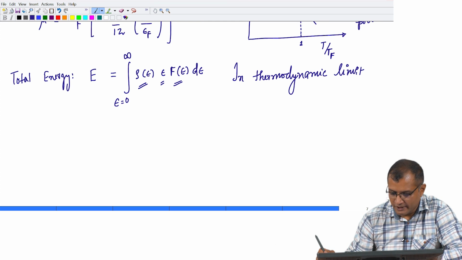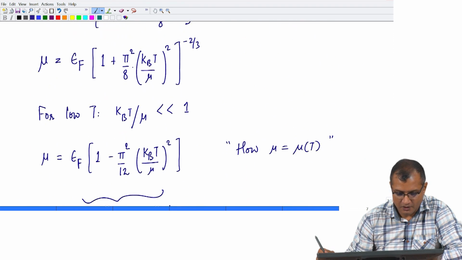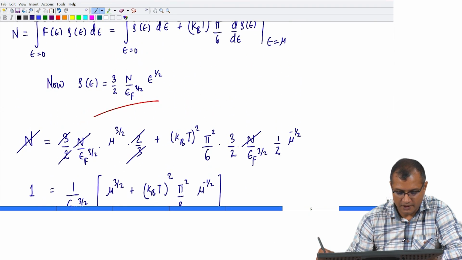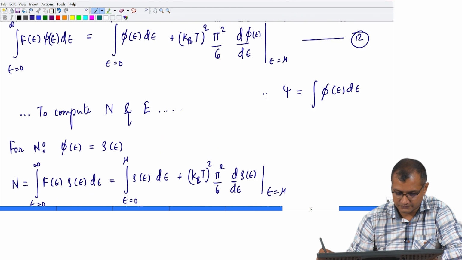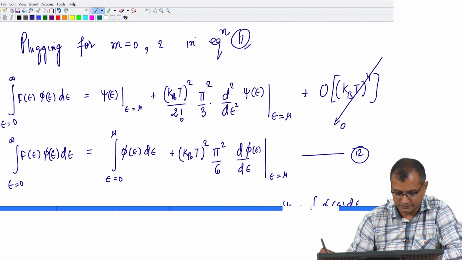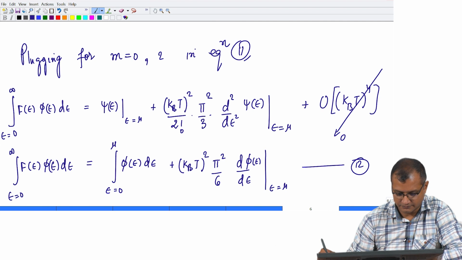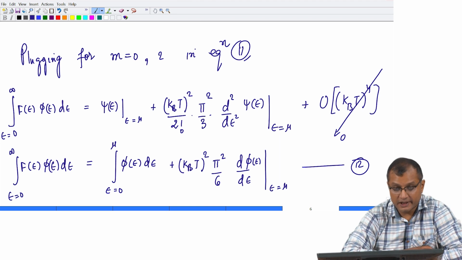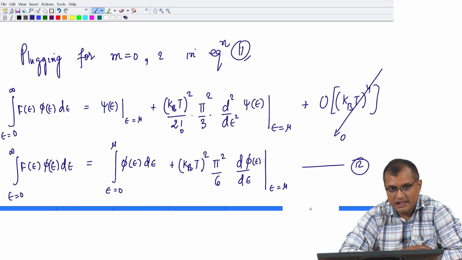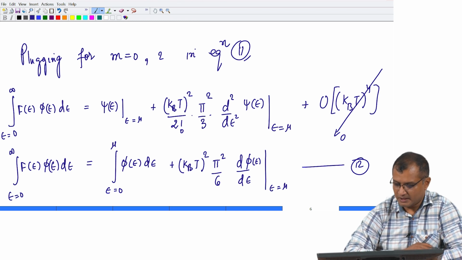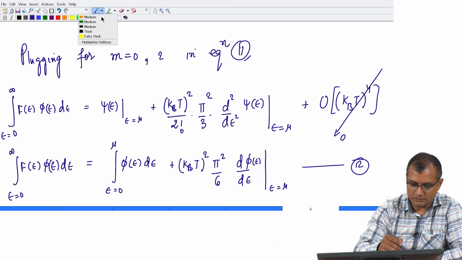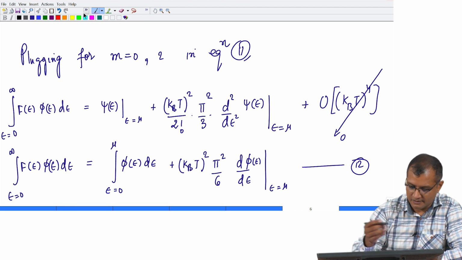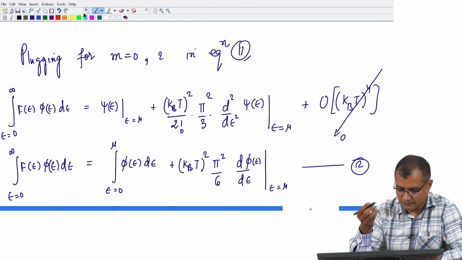Now, we already know an integral of this sort. So, here I have a formula. If you look at equation 12, in the left hand side, if I replace phi of E as E times the density of states, then it is nothing but the expression for total energy. In the right hand side, I simply plug phi as rho times E. Okay.